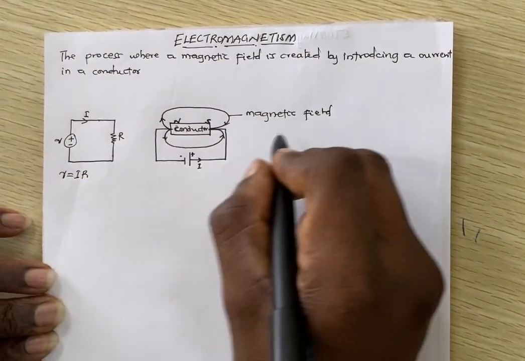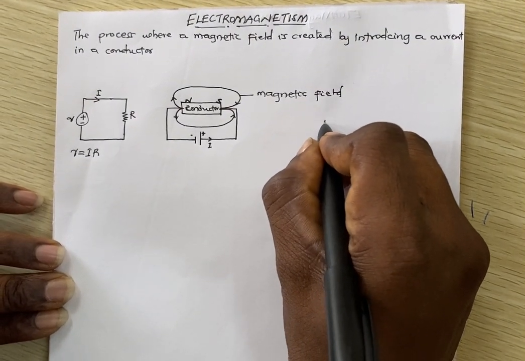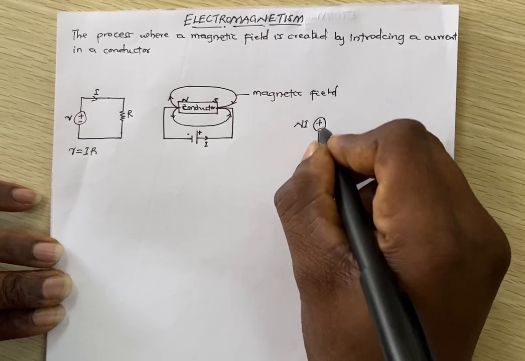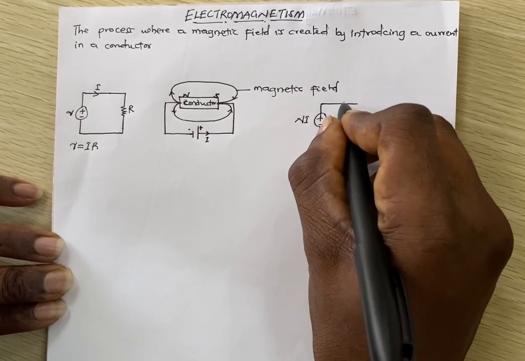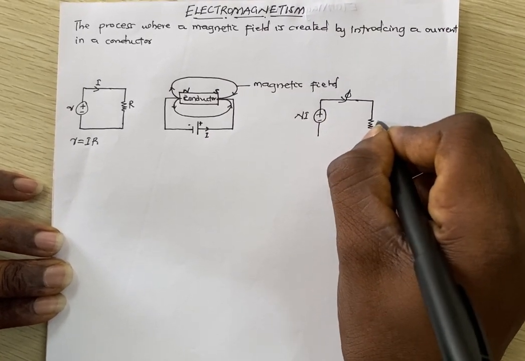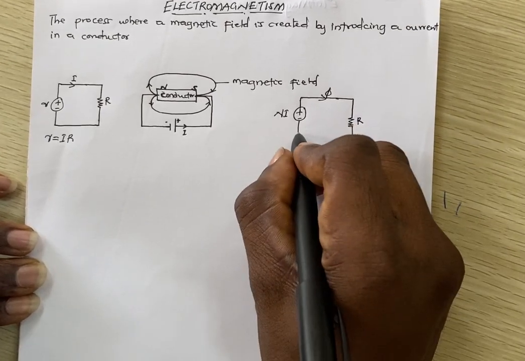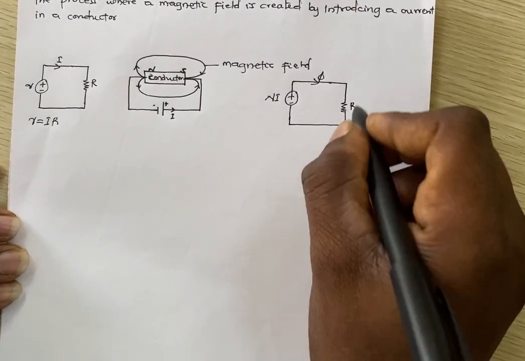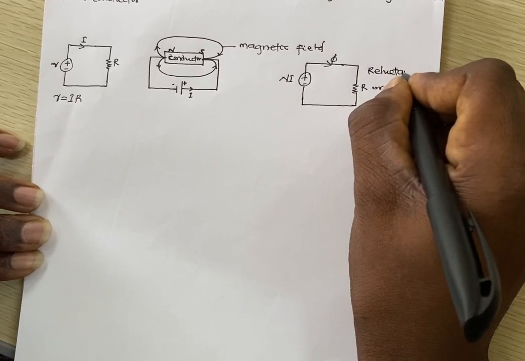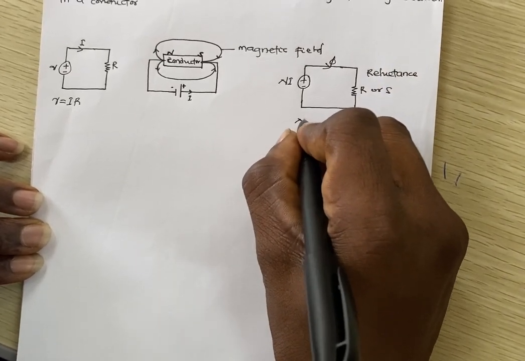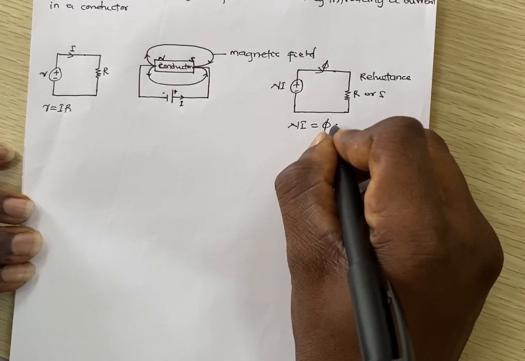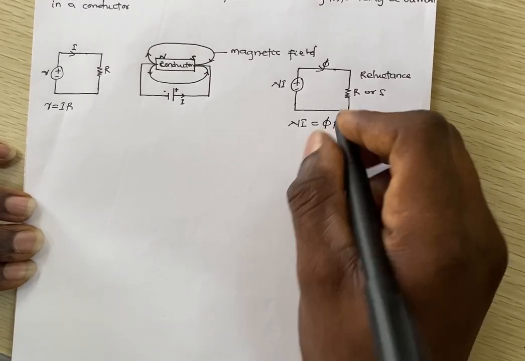But in our magnetic circuit, we also have the number of turns times current, flux, and reluctance, which can be represented with R or S, giving us Ni is equal to phi times R.